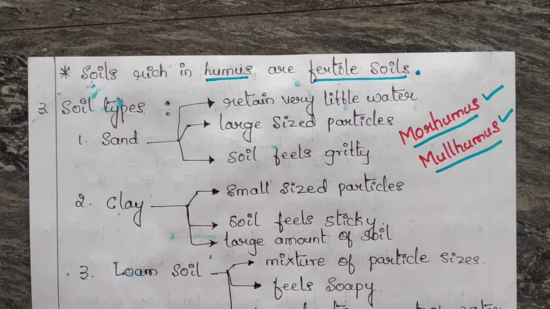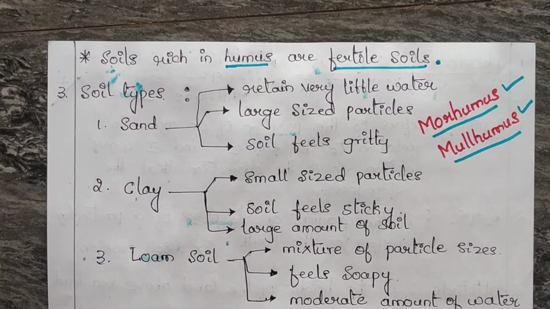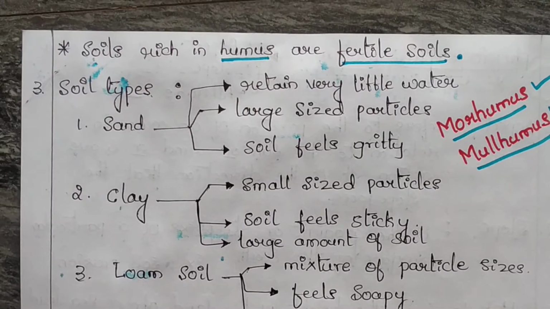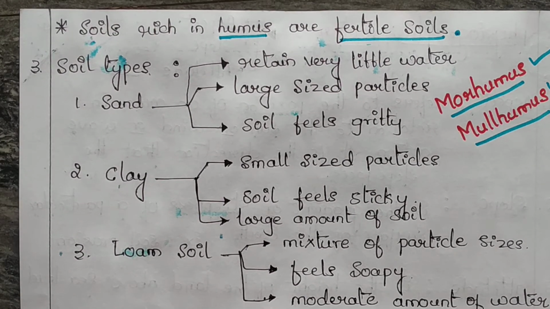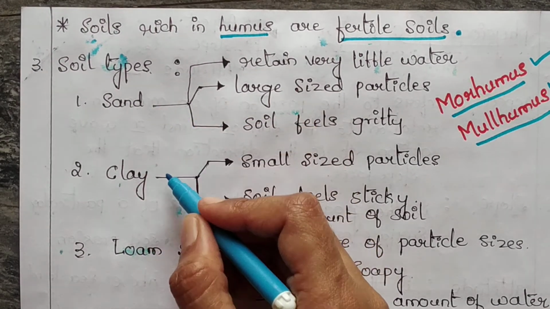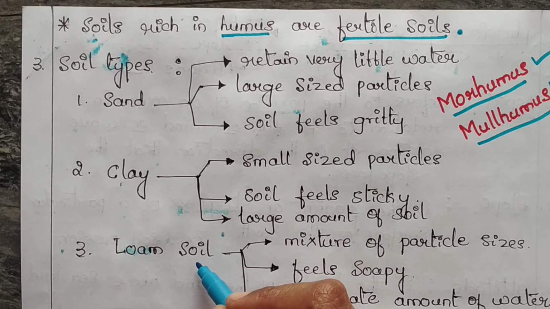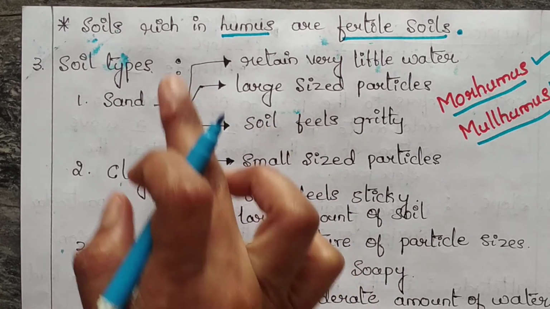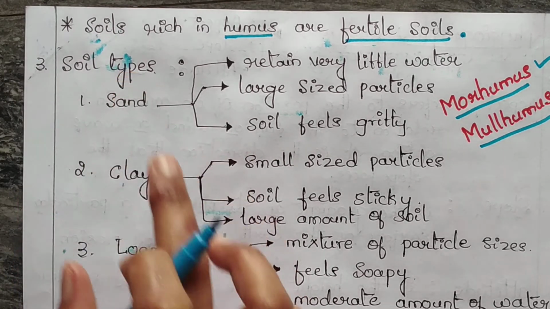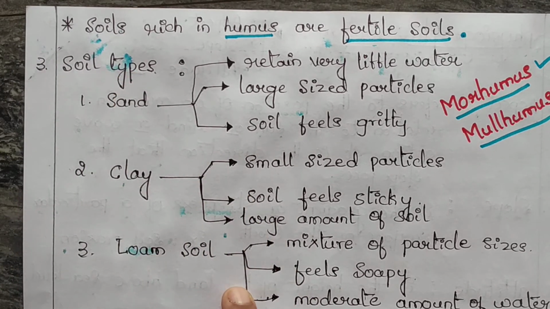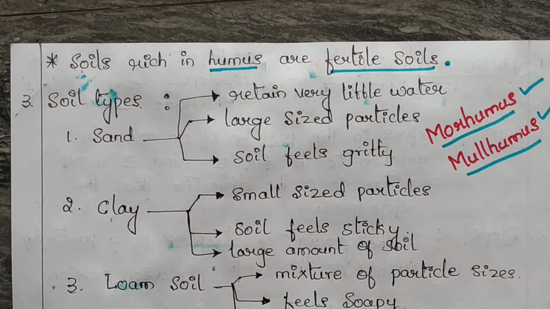Let us move on to the next topic, that is soil types. Here I made a list of 3 types of soil, that is sand, clay, and loam soil. We can differentiate these by the size of the particles they have.